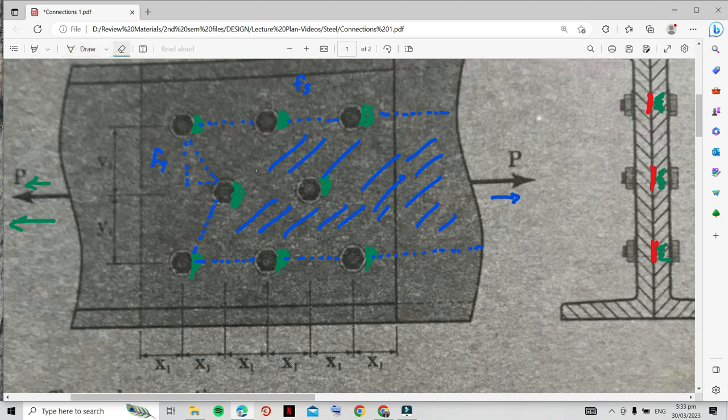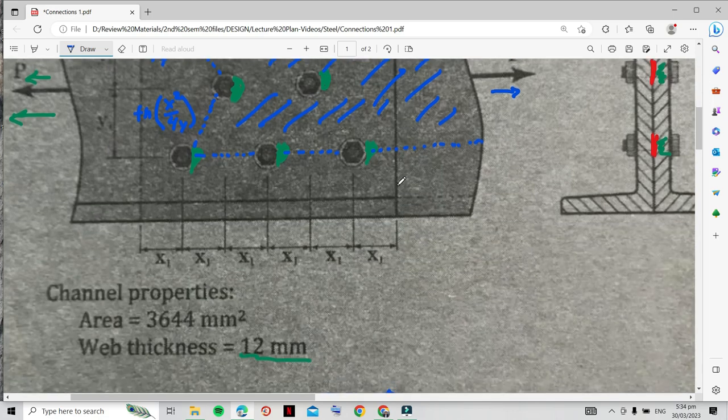But there's a catch here. When the failure goes diagonal, you should add n times x squared over 4y to that length. Okay, we continue.